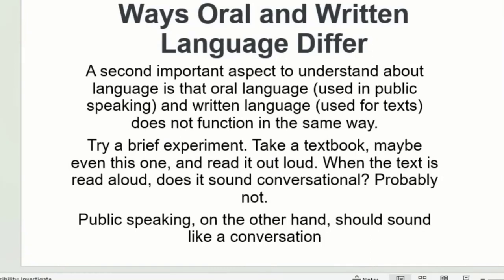Written language differs from oral language. I gave an example that when I say, I learn, if you listen to my pronunciation, I learn, it means I can write learn as L-E-N instead of L-E-A-R-N.